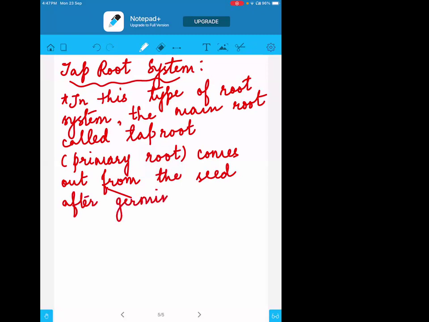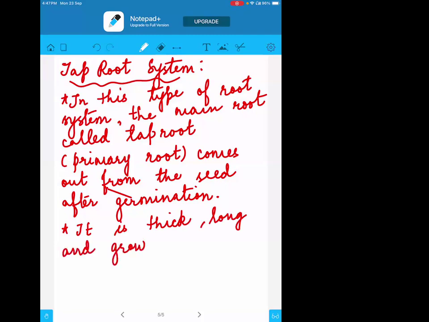So as the germination happens, this center root, the main root, will come out. And this root will be thick, long, and grows vertically downwards in the soil.